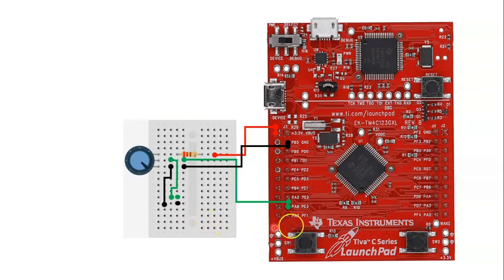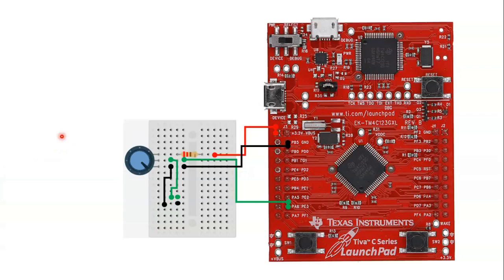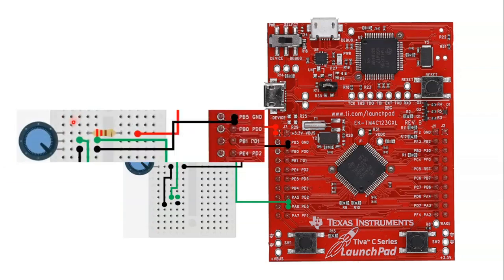Now the PE3 pin on the LaunchPad board I connected to the middle pin of the 1K ohm trimmer potentiometer, and the third pin of the 1K trimmer potentiometer I connected to the ground pin of the LaunchPad board.